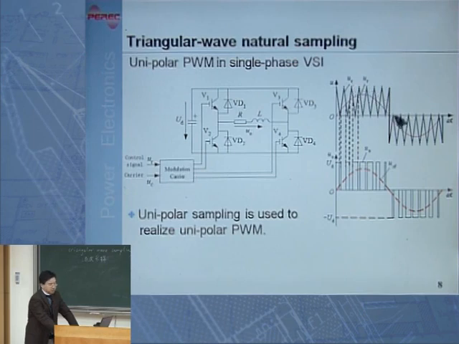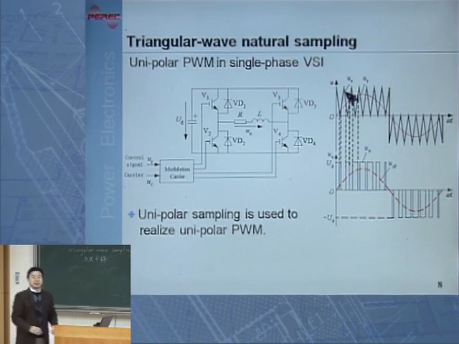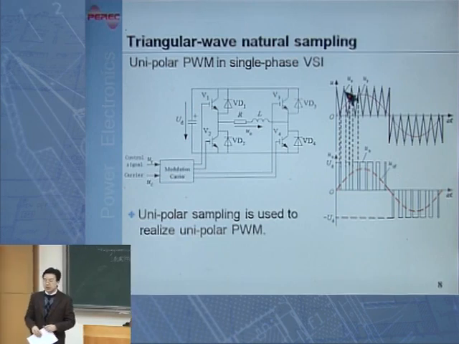Okay? When the modulating signal is negative, the triangular wave I'm using is also negative. So I'm using this triangular wave to compare with the red line wave. That means the triangular wave is called the carrier signal. The red line is called the modulating signal.